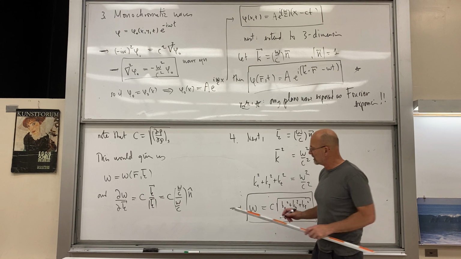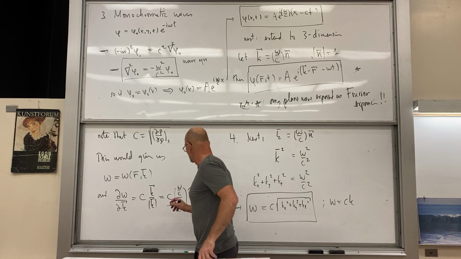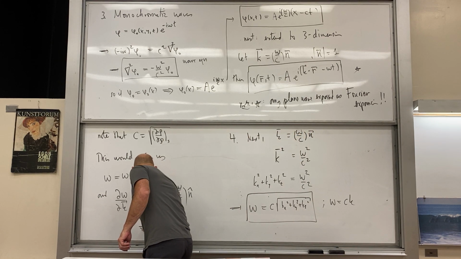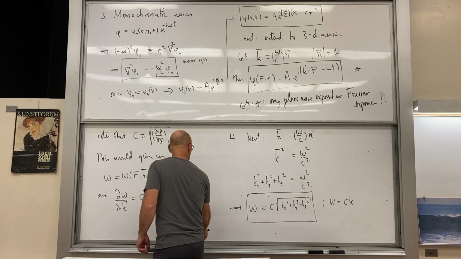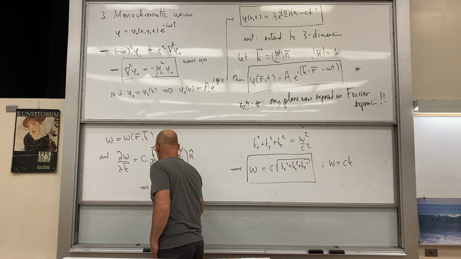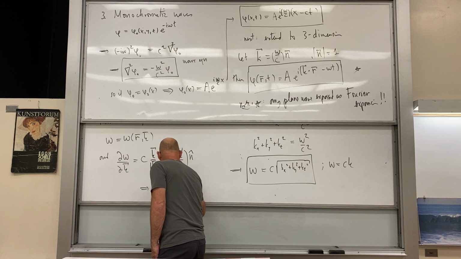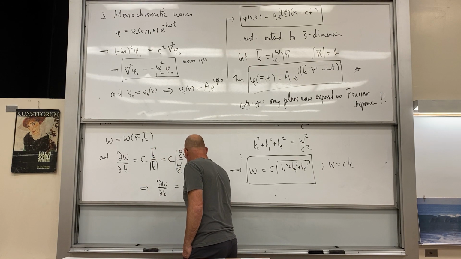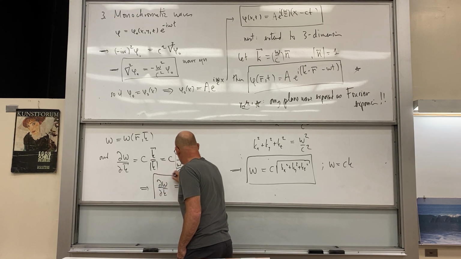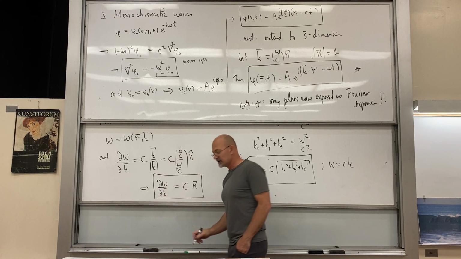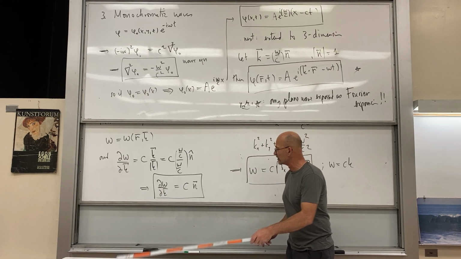And so this would be, down here, d omega dk is equal to c in the n direction, in the direction of the wave vector.